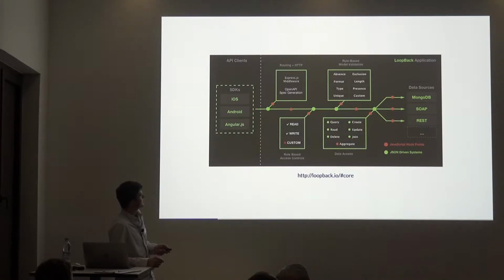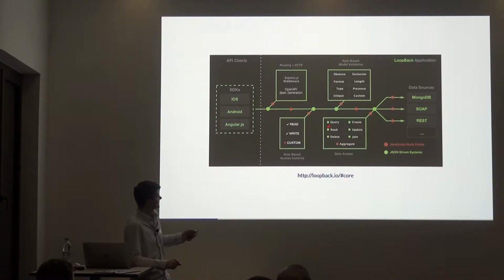And in between you have the things that Loopback provides. You have an Express.js server here. You have some kind of role-based access control, so for each resource you can decide who is allowed to read or write that. You have a lot of model-based validations, where you can say it's only allowed if this or that other attribute is present, for example.